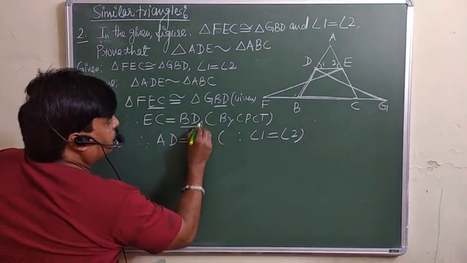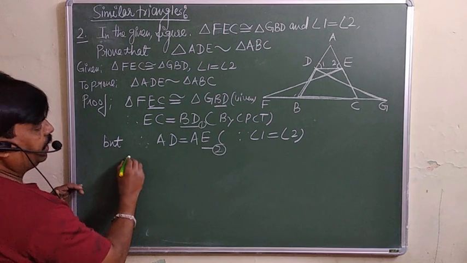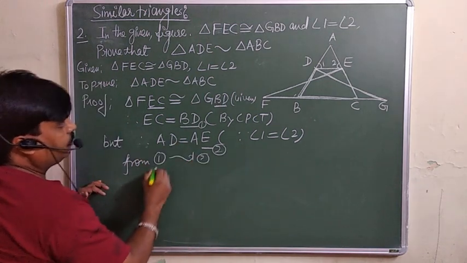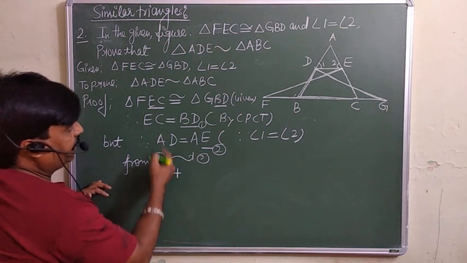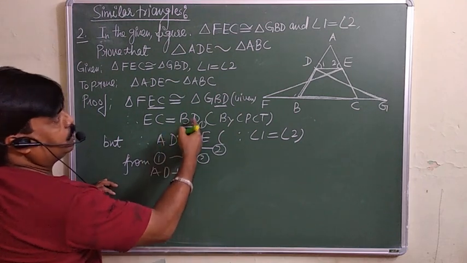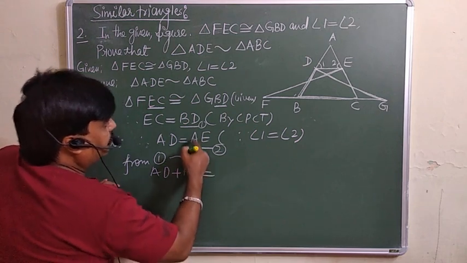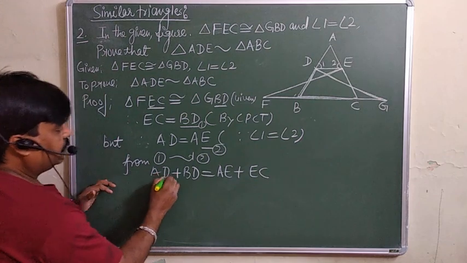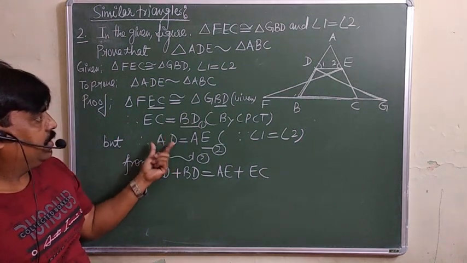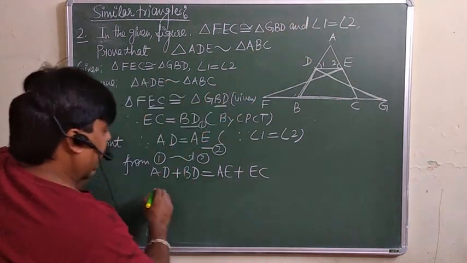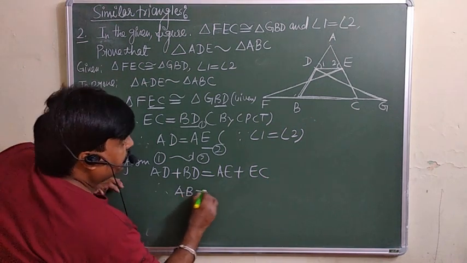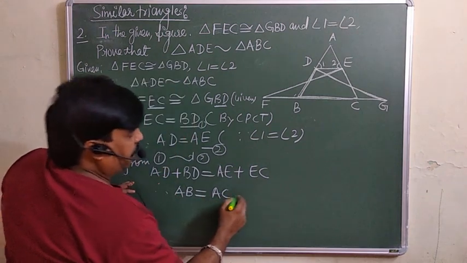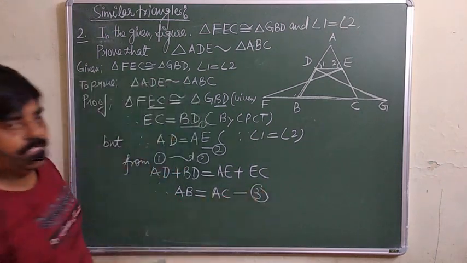Now adding equations 1 and 2, AD plus BD, AE plus EC, what you will get? Therefore you can say that AB is equal to AE plus EC, which is equal to AC. You can call this equation 3.